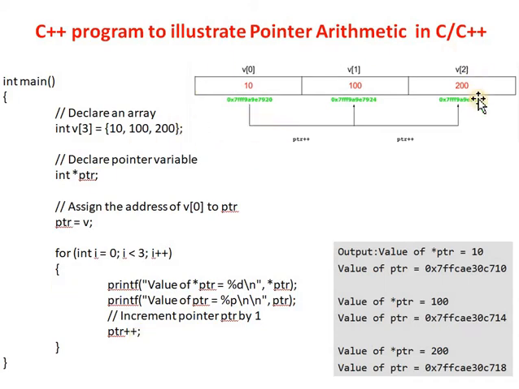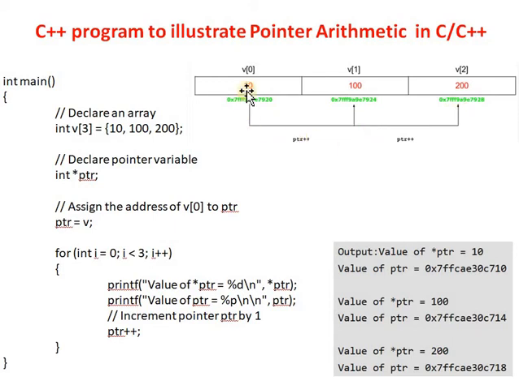Here the memory layout of this array is shown. Here is the 0th element of the array, that is 10. Here is the first indexed element of the array, that is 100, and here the second indexed element of the array, 200, is stored. See this figure: here is the first element, here is the second element, and here is the third element of the array.